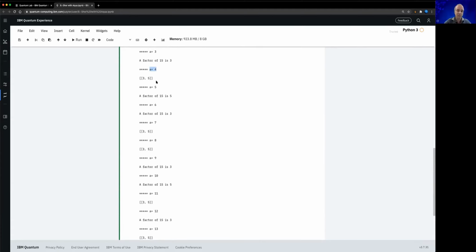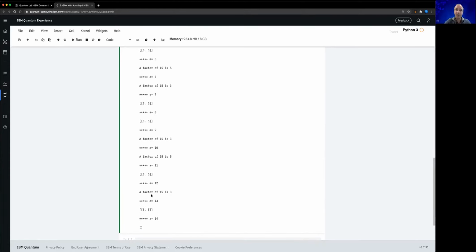So this is a question for you, and a simple exercise. You just need to check the definition, the steps of the algorithm, and see why in this case we are able to find the factors and why in this case we are not able to find the factors.